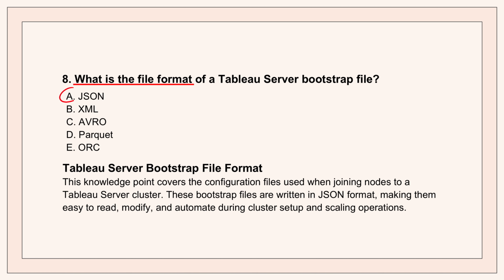Exactly. Or in a hopefully rare disaster recovery scenario. The bootstrap file contains essential configuration info and secrets needed for a new node to securely connect and join the existing cluster. So, knowing it's JSON helps if you ever need to, say, script parts of your deployment or understand the configuration files during advanced setup or recovery. It's part of the underlying architecture.